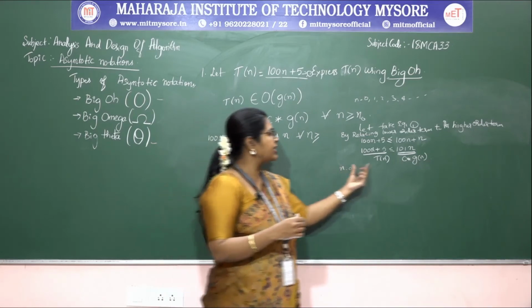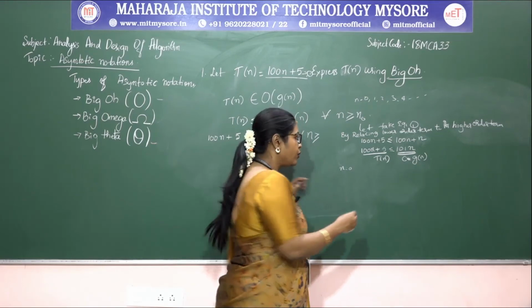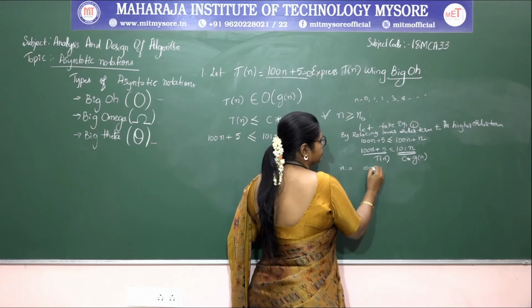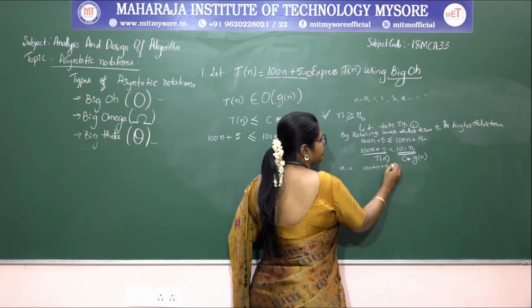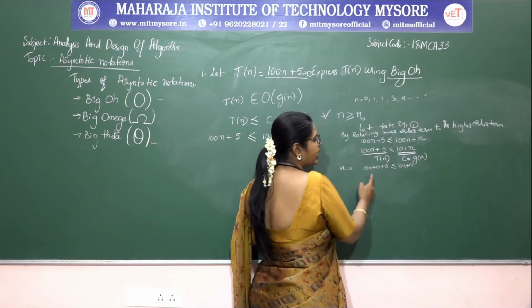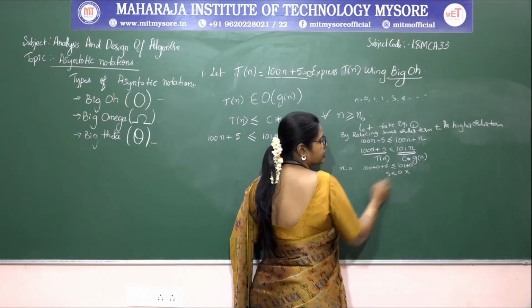At n is equal to 0, what happens to t of n and to C into g of n? 100 into 0 plus 5 less than or equal to 101 into 0. So 5 less than or equal to 0 is false, right?